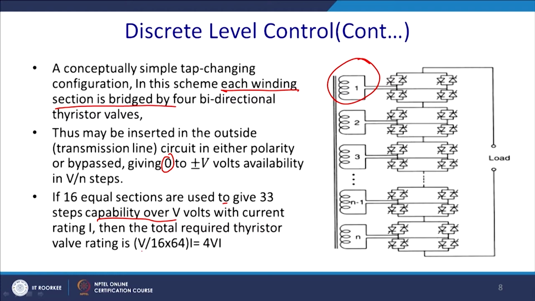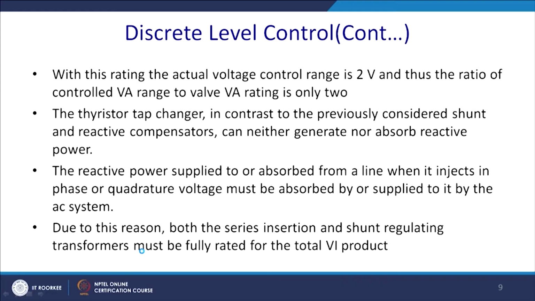So, that is quite a low voltage, and that rating of the thyristors is practically available in our existing network. So, for this reason, this kind of modular solution, discrete level control, is quite popular compared to what we have discussed previously.